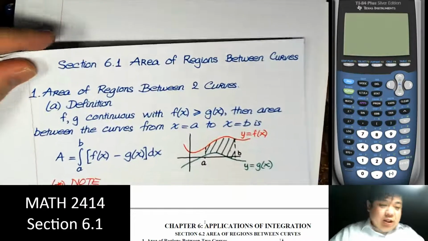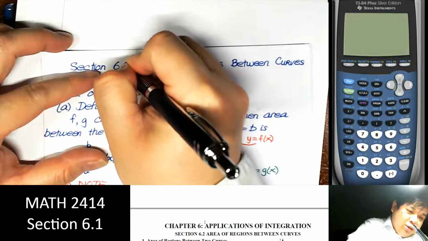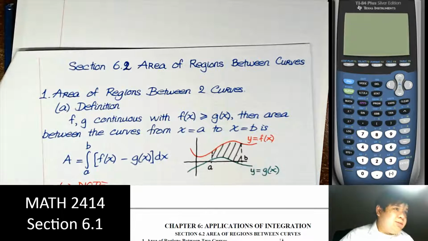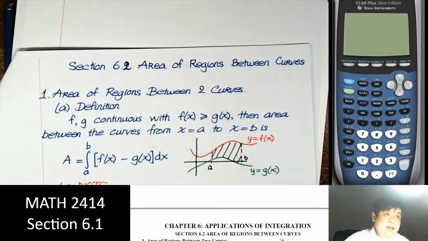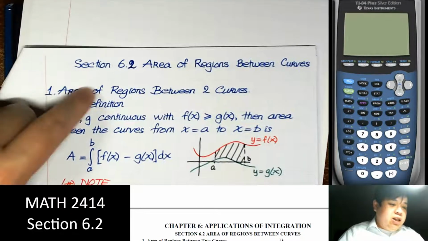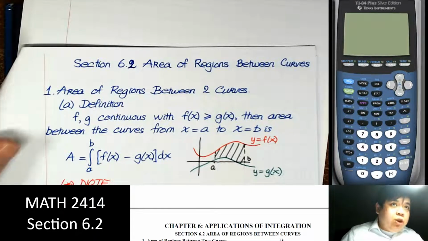So all we need to do is, that is section 6.2. Actually, we don't have any 6.1. Right. Yeah, just change that. Right, so we're good.